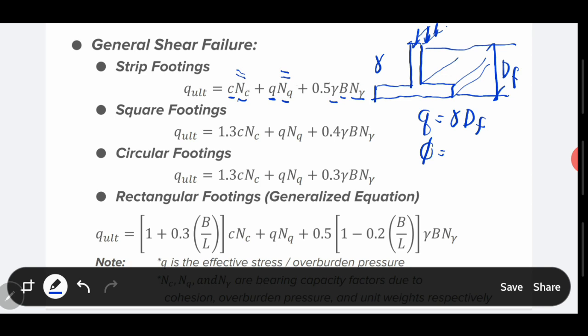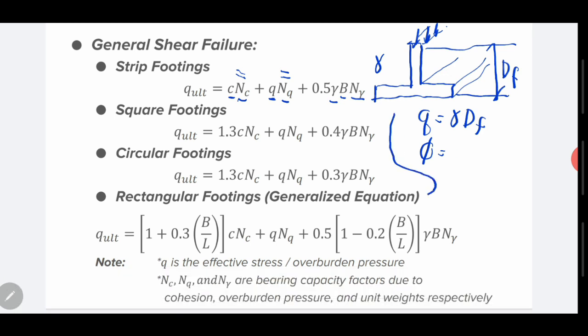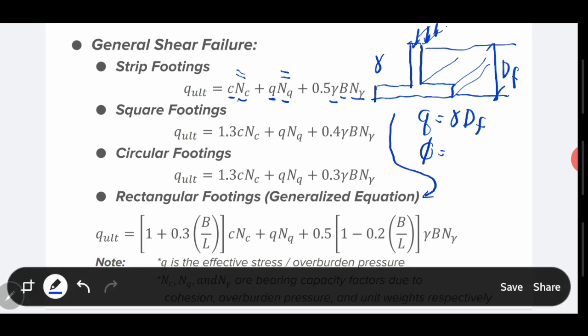Let me tell you, this is a generalized equation, assuming that the shape of your footing is rectangular.